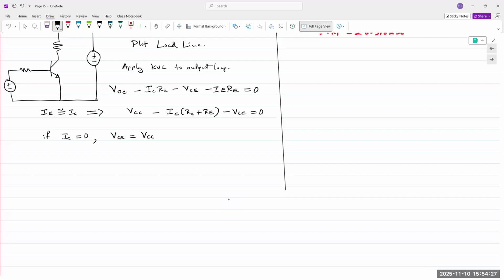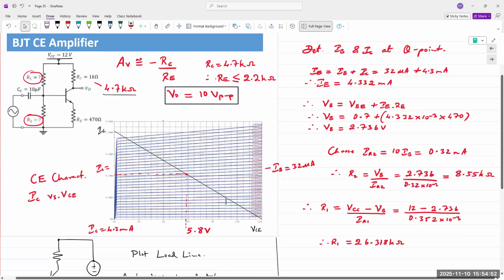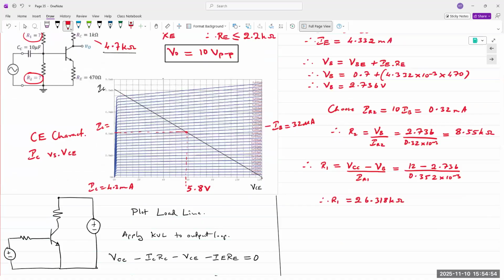Here's where you decide what value you want to choose. And if VCE is 0, meaning if x is equal to 0, what is y? Y is VCC divided by RC plus RE. You all with me so far? Okay. Once you have these two values, plug them in here.